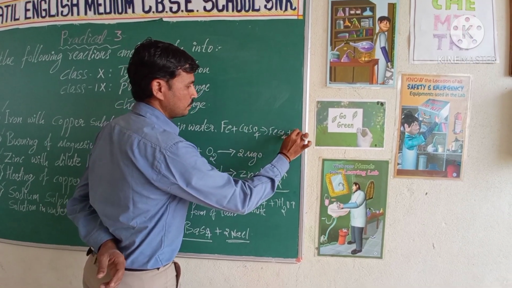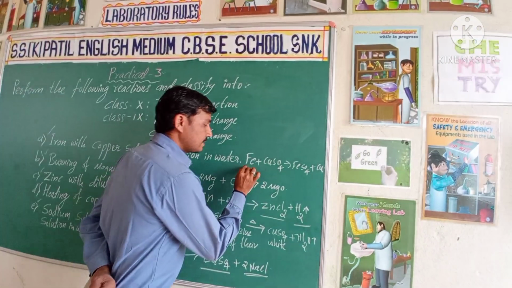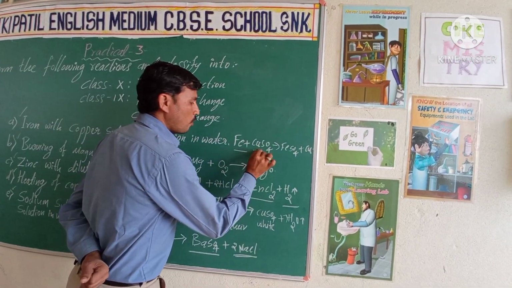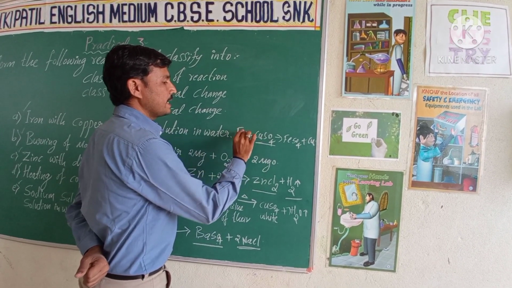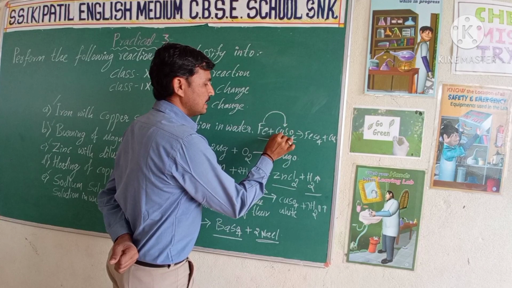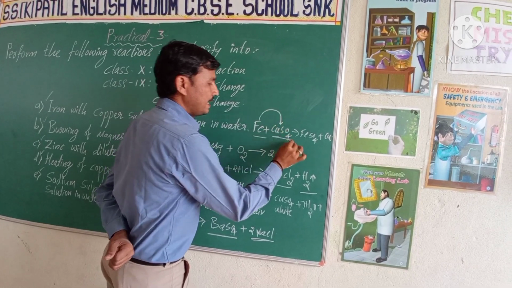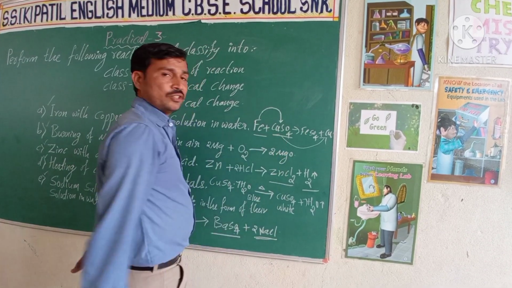The less reactive copper is displaced from its solution because the more reactive metal iron displaces the less reactive copper, which is called a displacement reaction.